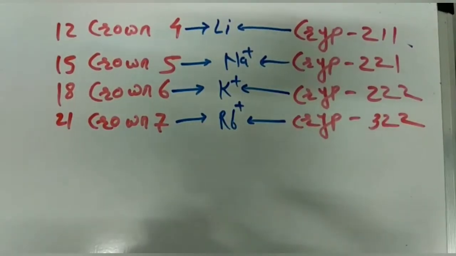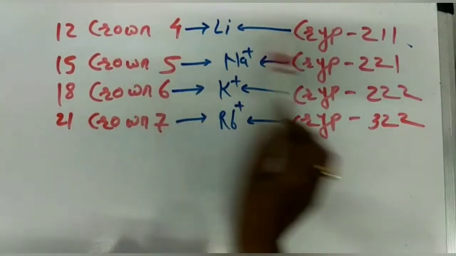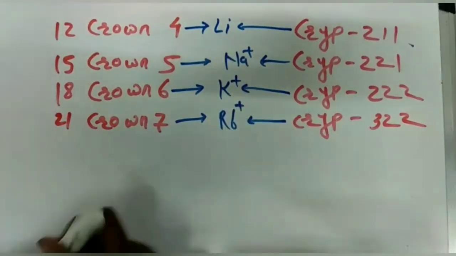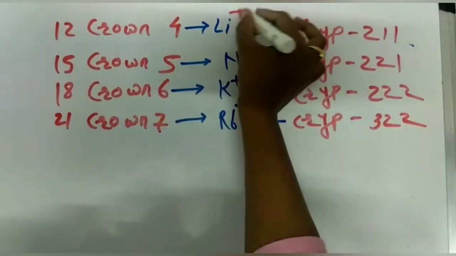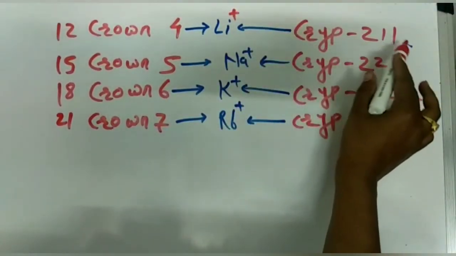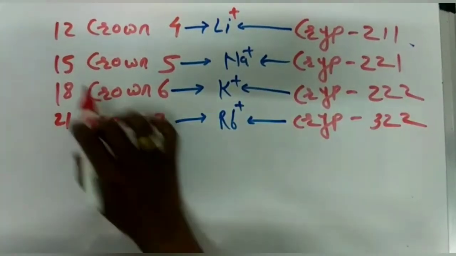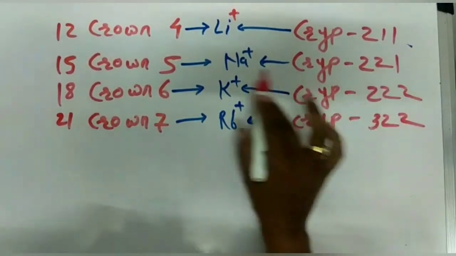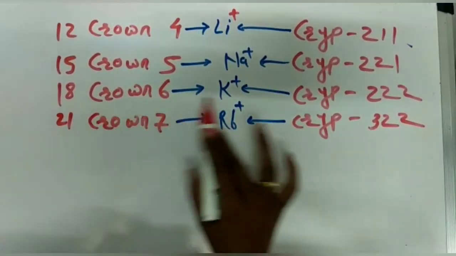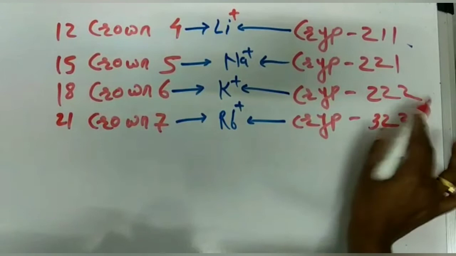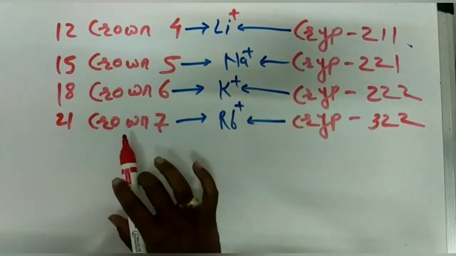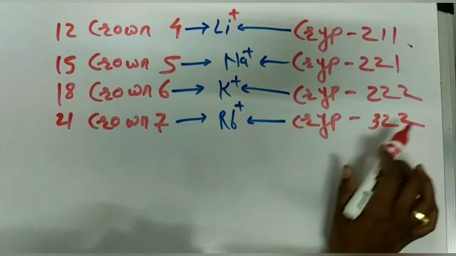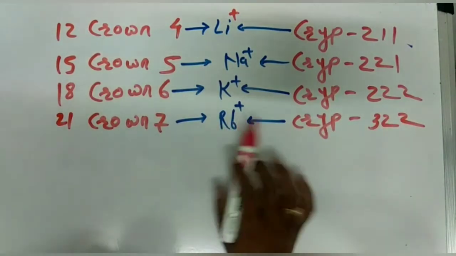See here we compare the crown and cryptand. 12 crown 4 is suitable for lithium ion and crypt 211 is suitable for lithium ion. 15 crown 5 is for sodium, crypt 221 again for sodium, 18 crown 6 for potassium, crypt 222 for potassium, and 21 crown 7 is for rubidium and crypt 322 is again for rubidium.